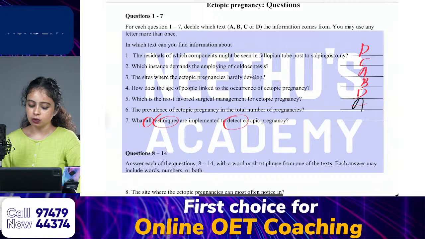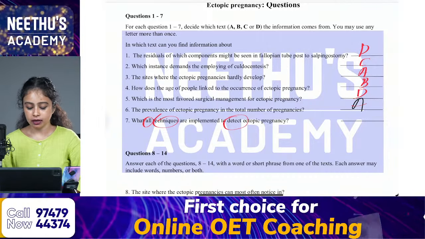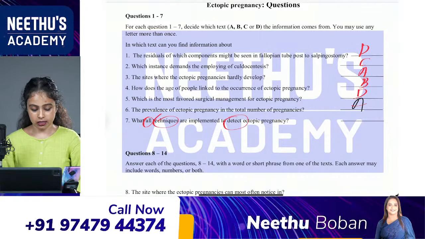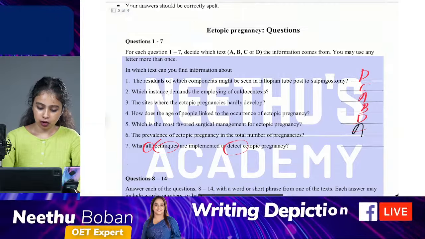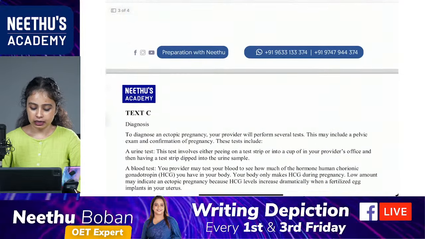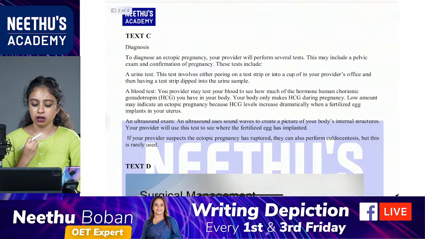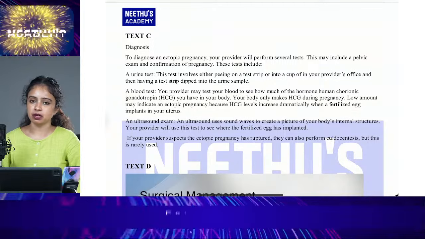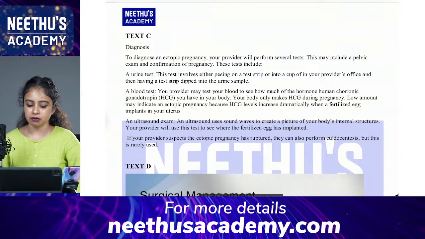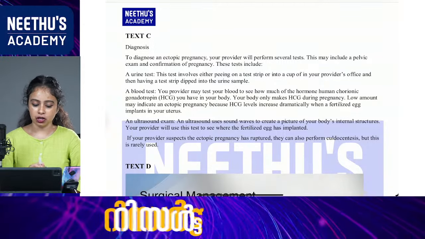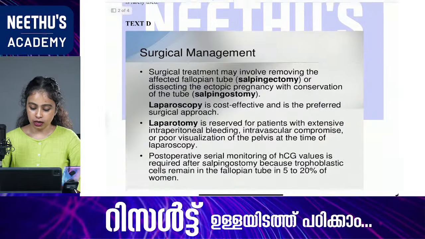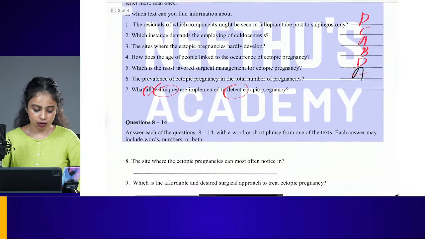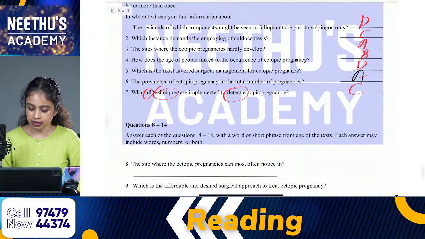Okay, any idea what all techniques are implanted to detect ectopic pregnancy? So diagnosis, which is mentioned here in text C, a lot of methods mentioned, different kinds of tests mentioned to identify, diagnose this particular condition. Okay, so that is from text C. Very good. Okay, Juby, it is from text C.